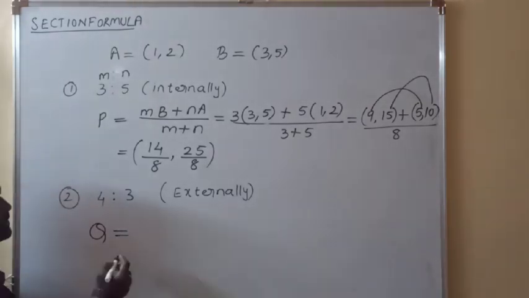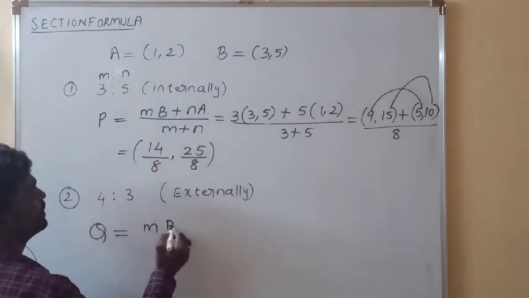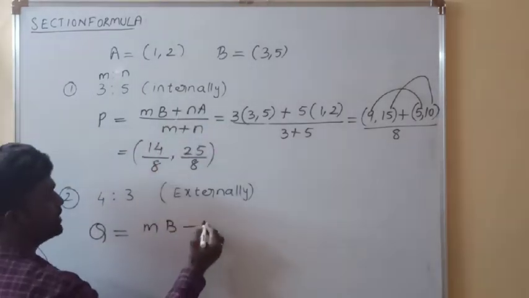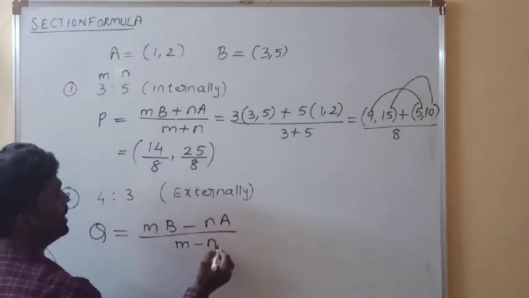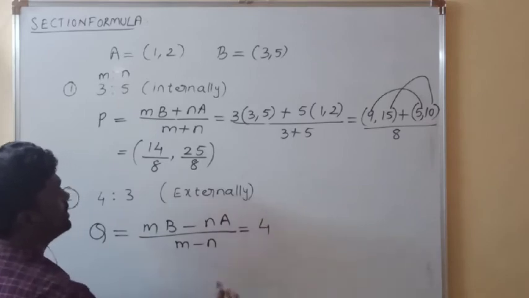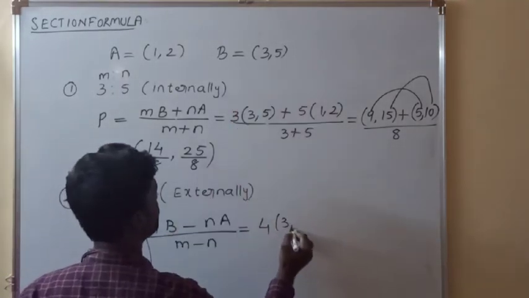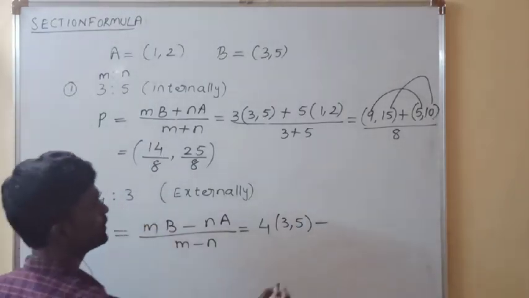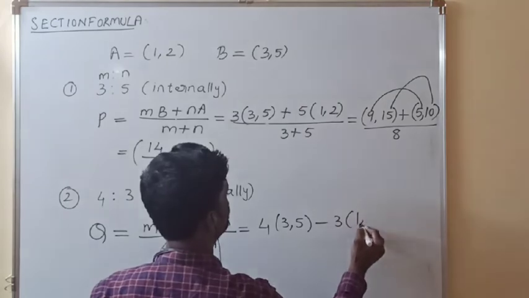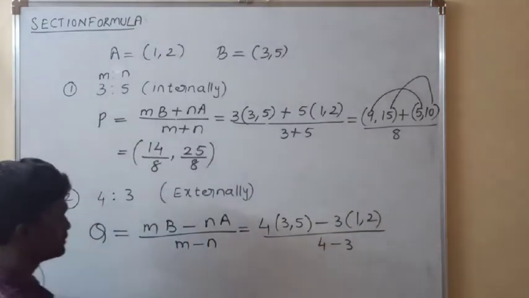So what is the formula now? M into the second point, instead of plus, minus n into the first point, divided by m minus n. Here m is 4 into the second point (3, 5) minus n, 3, into the first point (1, 2), divided by m minus n, that is 4 minus 3.